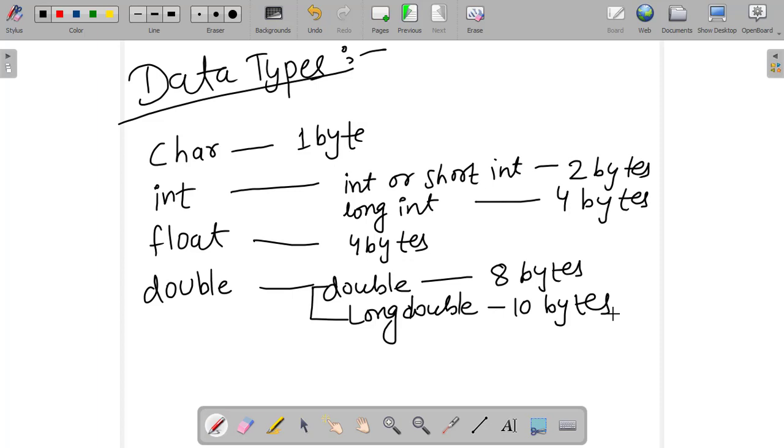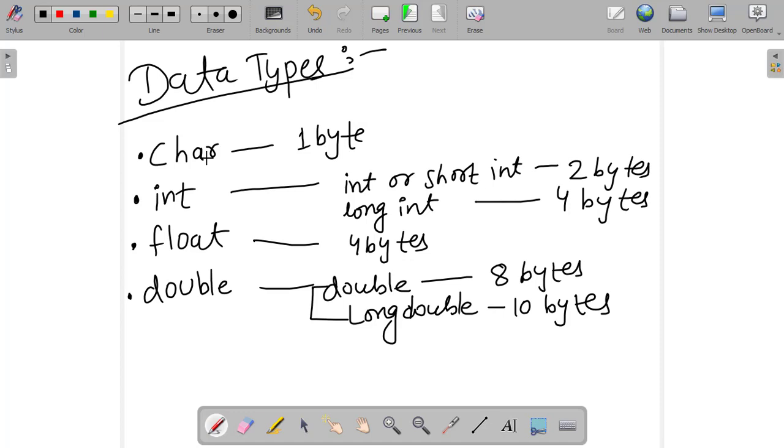In C there are mainly 4 types of data type. The first one is char, then int, float and double. Let us explain it. Char means character. Any alphabet can be called a character.